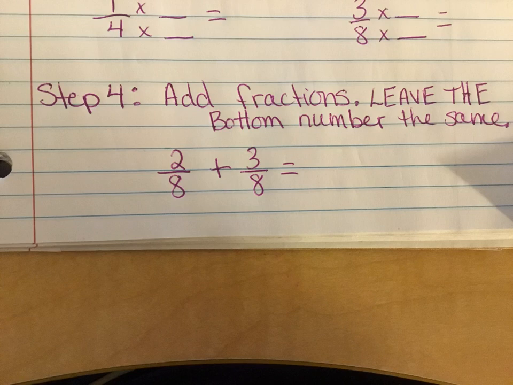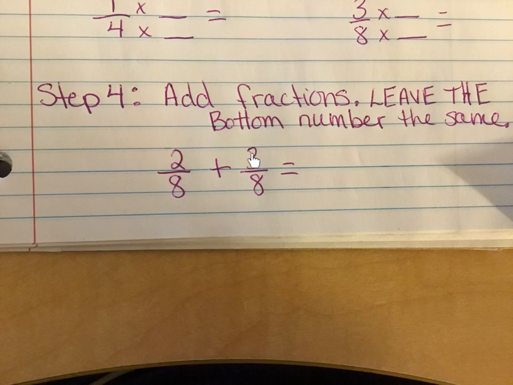Okay, so the next step, now that we have the bottom number the same, we can go ahead and add. But it's important that we leave the denominator the same when we add. We are not adding how many pieces we're cutting the product into. We are simply saying it was cut into that many pieces to start with. In this fraction, we have 2 out of the 8.